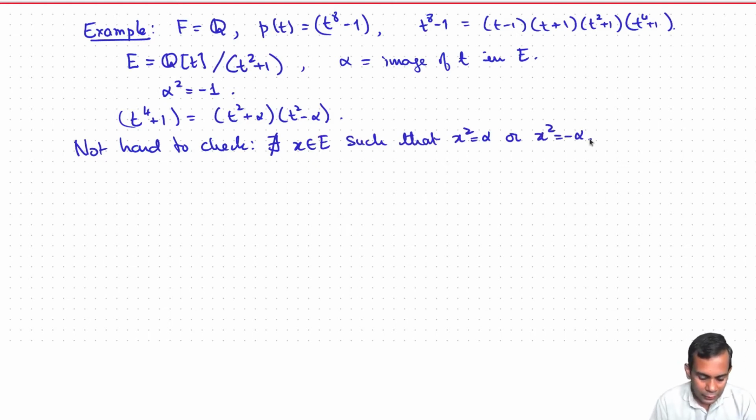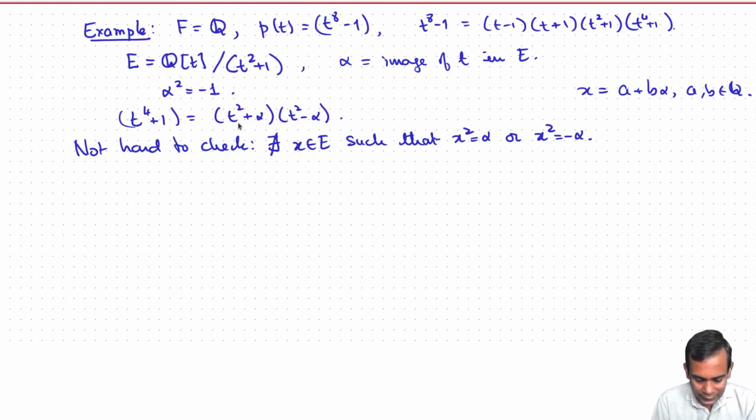Well, to do this, a general element of E is going to be of the form a + b alpha, where a and b are in Q, rational numbers. And so you just write down this equation, x squared equals alpha, and what you'll get is a quadratic equation involving a and b. And using that, you'll be able to show that such a and b rational do not exist. I'll leave that as an exercise to you.